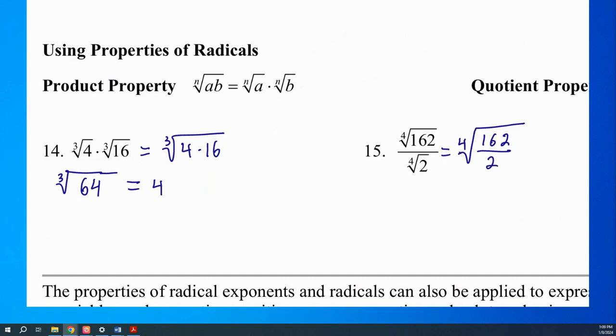So what is 162 divided by 2? 81. And is 81 a perfect fourth root? Yeah. What is it? Well, okay, we can rewrite it if it helps you to visualize it as 3 to the fourth, right? And then what happens to that fourth and that fourth root? They cancel. So what's my answer? Just 3.